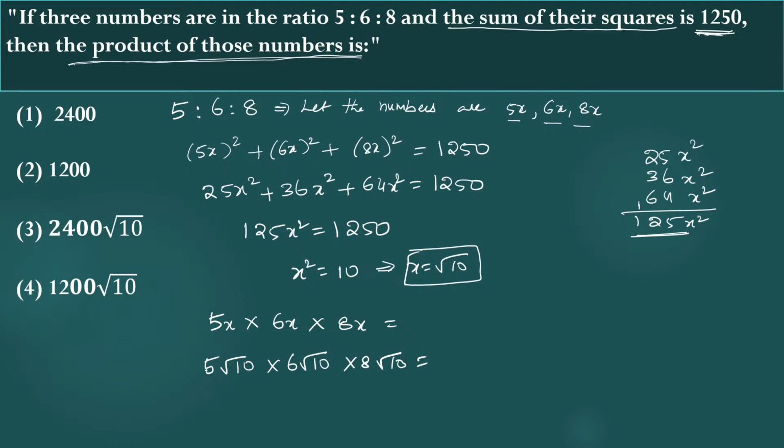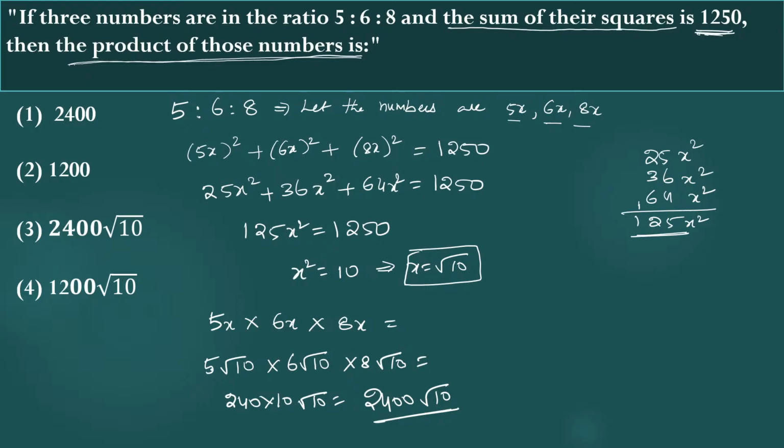So 5 into 6 we get 30, 30 into 8 we get 240. Then root 10 into root 10 we get 10, and only one root 10 is left. So 240 into 10 we get 2400 root 10.